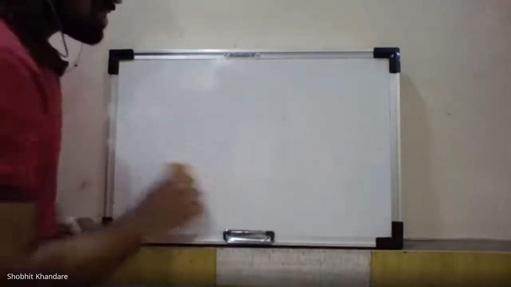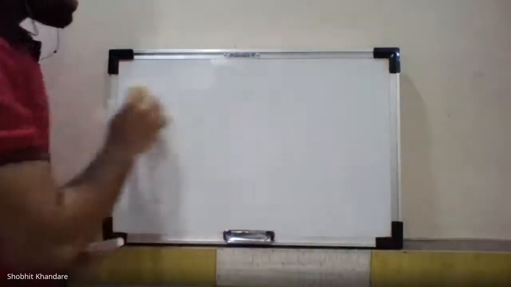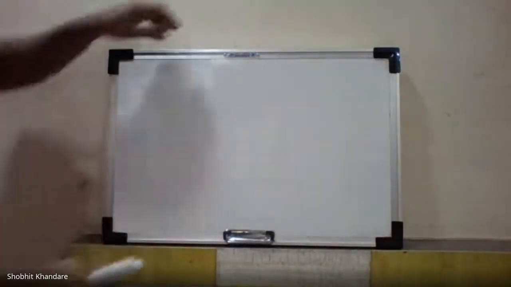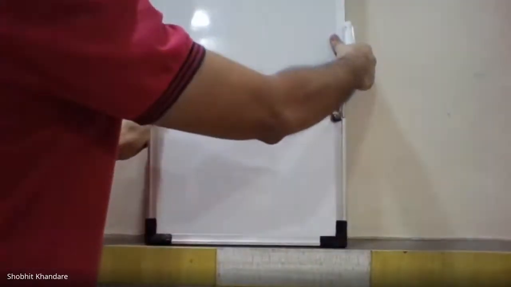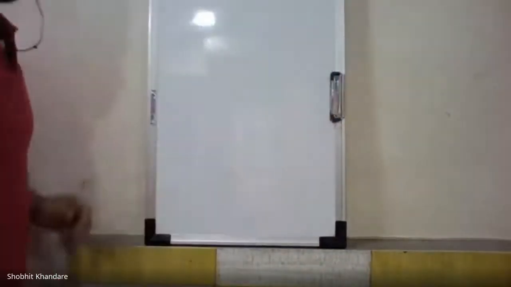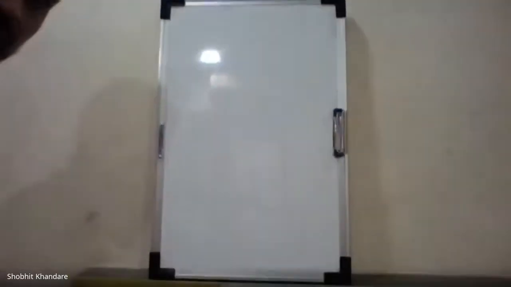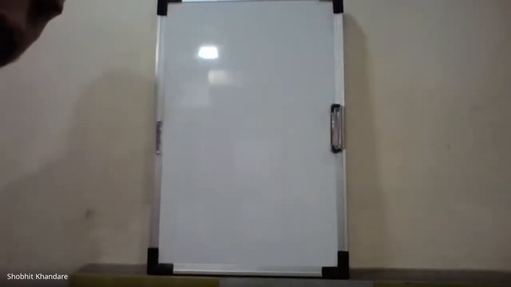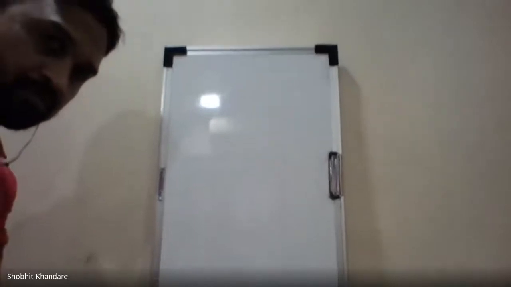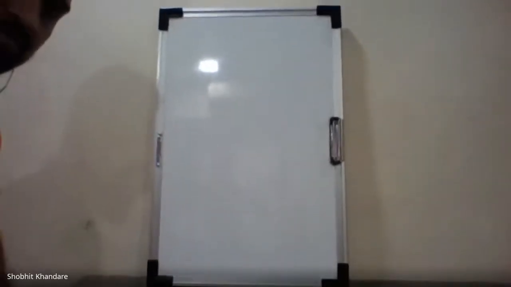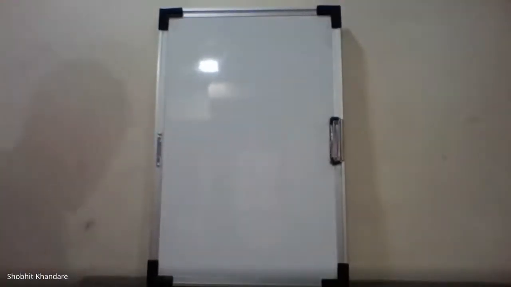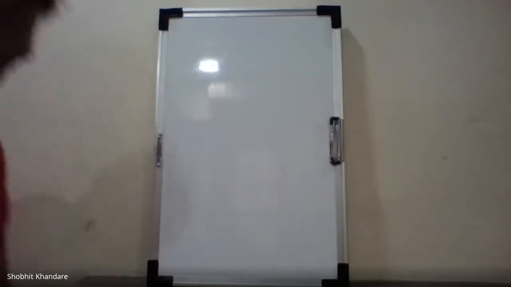To understand the sequence, there is a flow chart, and I'm going to draw the flow chart. You need to see it properly. I want everyone to draw the flow chart.